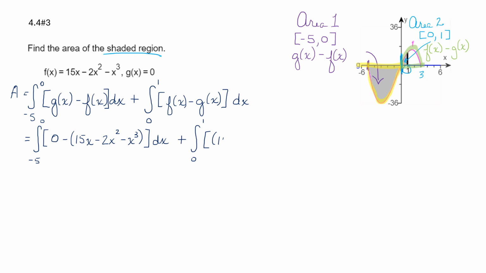So we'll have the 15x minus the 2x squared minus the x to the third, and subtract the g of x, which is 0. Okay, so we have area 1 and area 2 written.